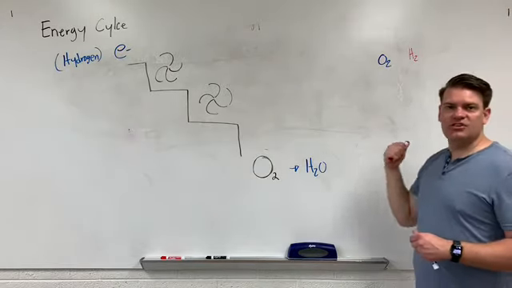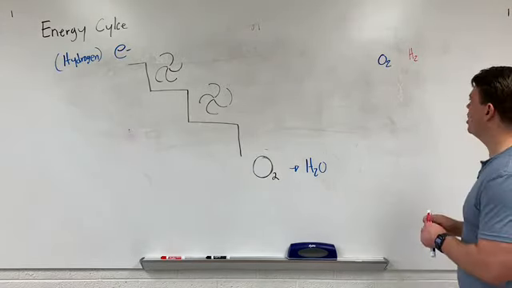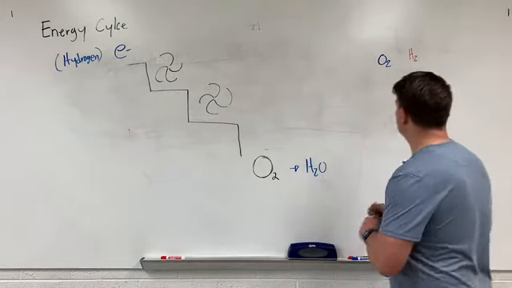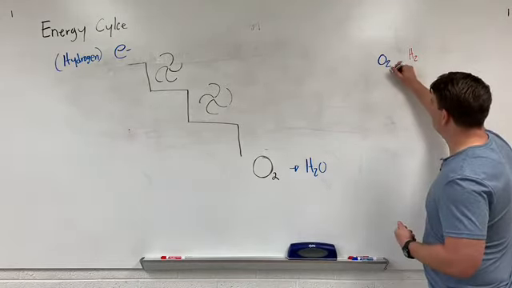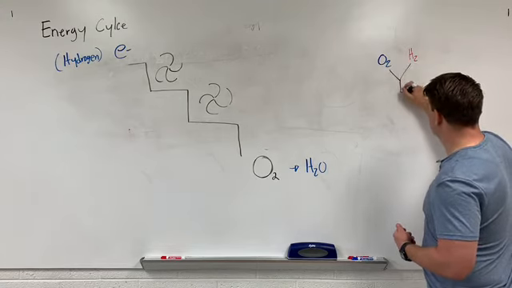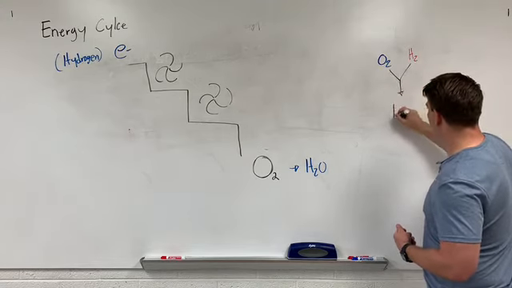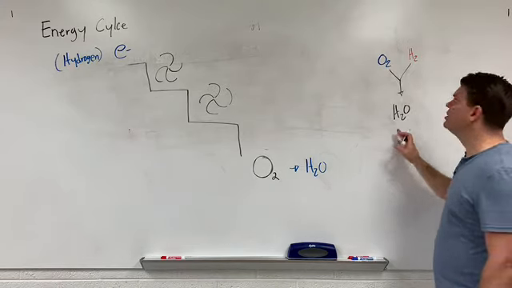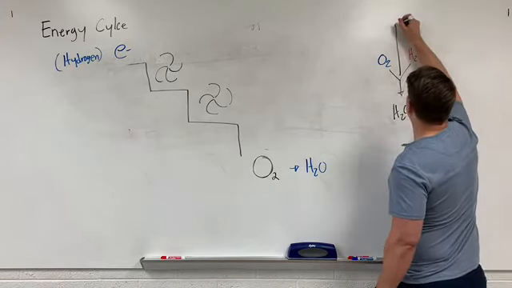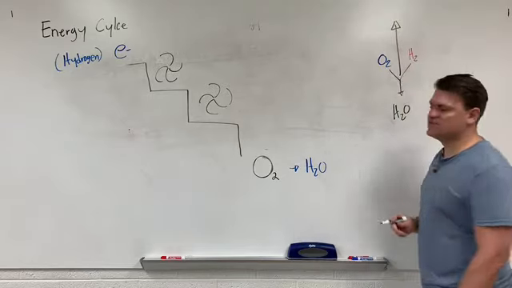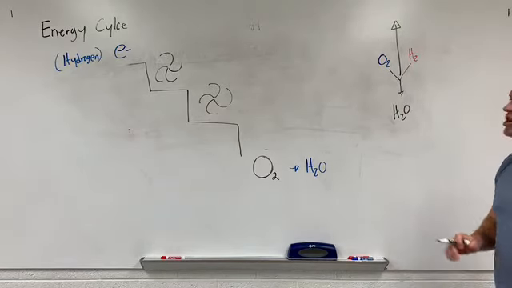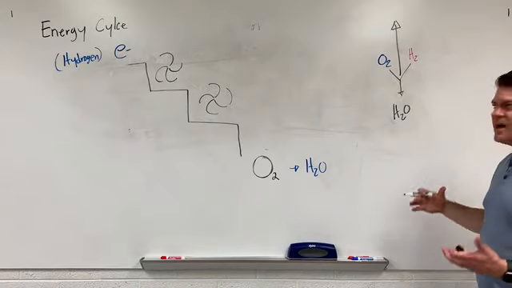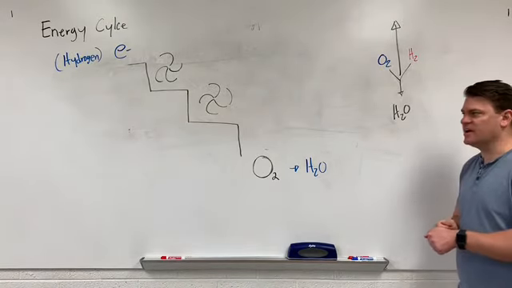When they do the countdown and hit the ignition to blast off, our oxygen is released and our hydrogen is released to create water. And that reaction creating water is what actually sends the rocket up into space. So it's a very explosive reaction and creates a lot of energy, as you can imagine, to be able to send a rocket up into space.